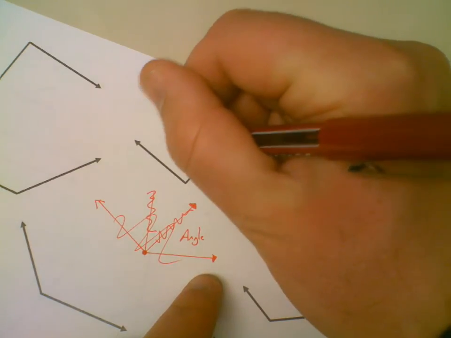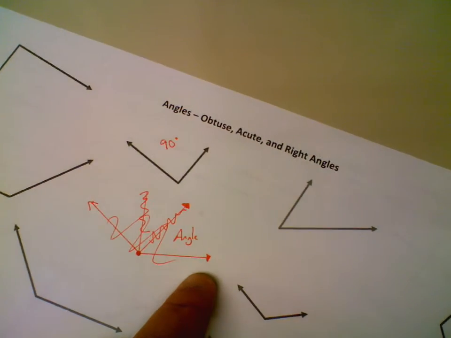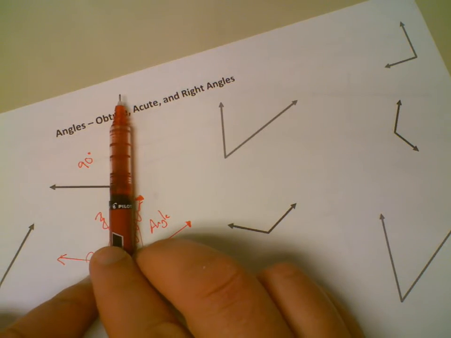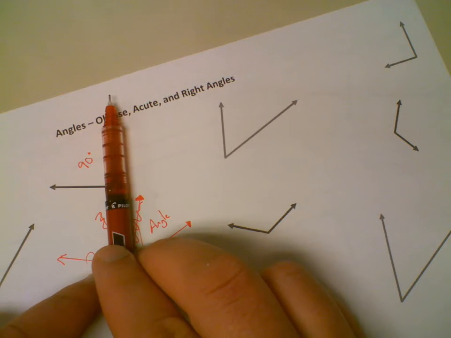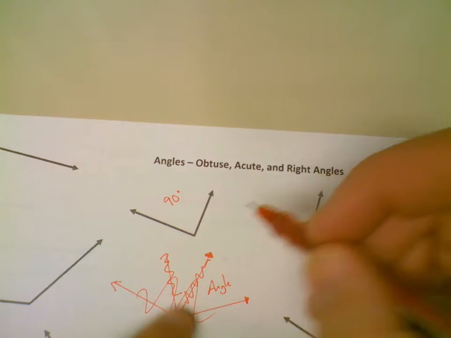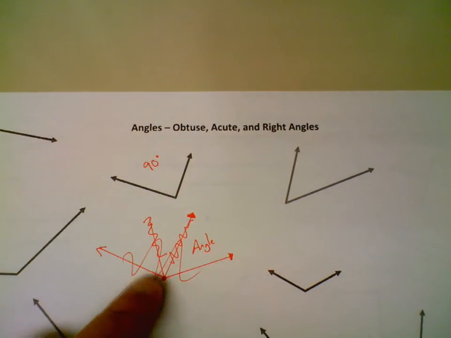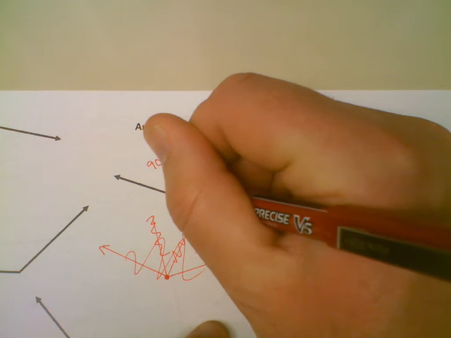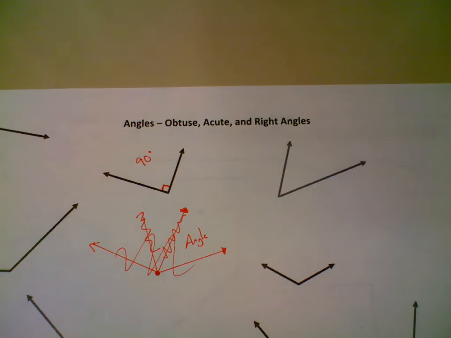So they have to be 90 degrees apart, okay? And if you move it in just a little bit, wouldn't it be like 89 degrees or 88 or 87? So it's not quite 90 degrees, okay? So a right angle is a 90-degree angle, and a good way to show it is to put this little box in here. That means that's a right angle. That's 90 degrees, okay?